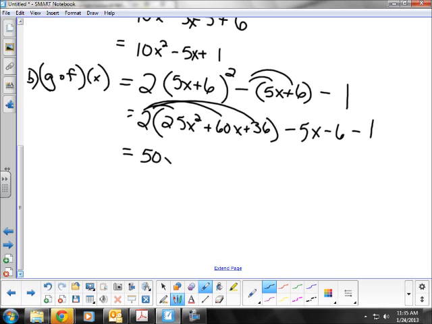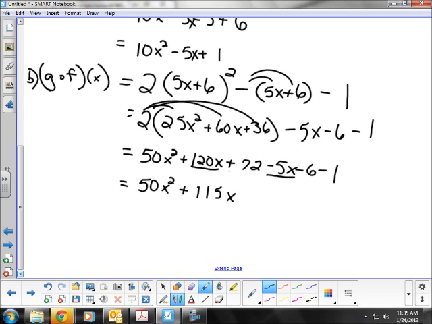So I've got 50x squared plus 120x plus 72 minus 5x minus 6 minus 1. And that would, when I combine like terms, that would give me 115x and minus 65. Is that what y'all got? No? Yes? Thank you.